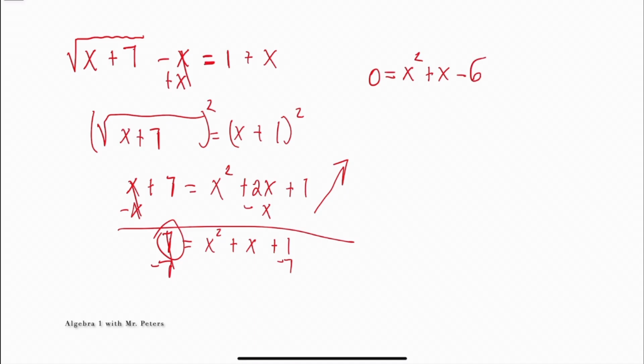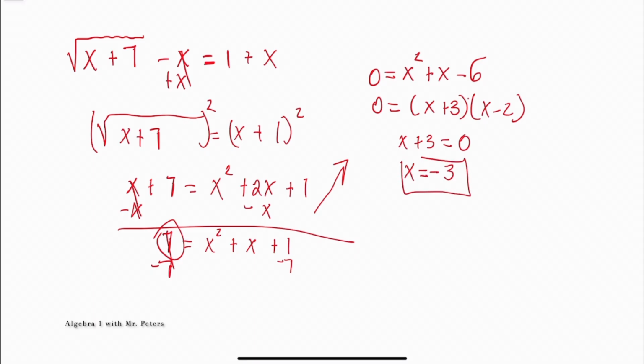So now we're just going to factor the quadratic. So we know 0 is equal to x plus 3 times x minus 2. And after we set both of these factors equal to 0, we're going to get x is equal to -3. And in the second one, we're going to get x is equal to +2.